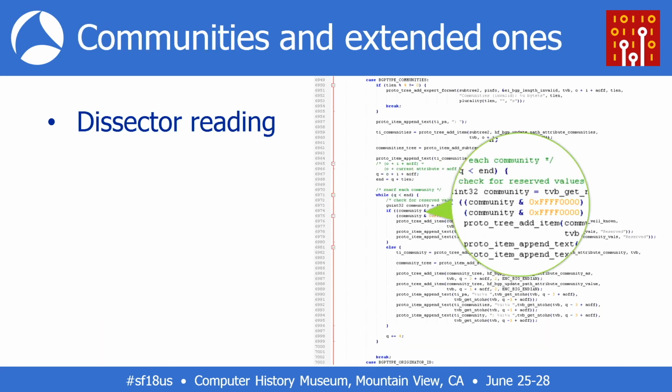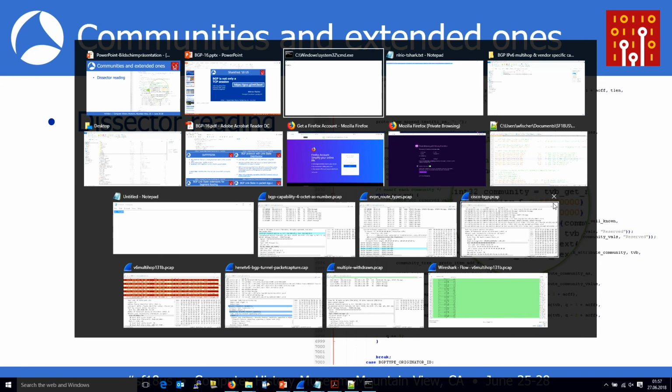Okay, this is the hard way, on the highway. Reading C code. Who, by the way, reads the dissector C code? Nobody? Oh my gosh. You should do it. Because on the dissector, wait a moment, I will show you.